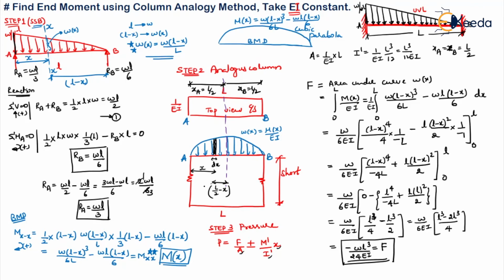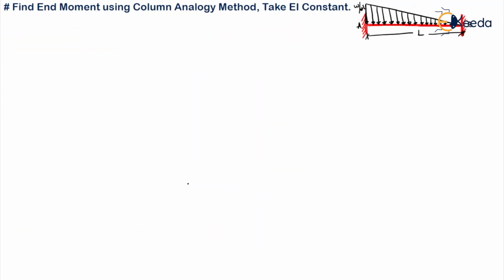Okay. So what will happen to your M dash formula? M dash will be force into the lever arm. So your M dash will be integration 0 to L of Mx by EI diagram into your lever arm. What is lever arm? L by 2 minus x will be your lever arm into dx, right? So what will this be? 0 to L. What is your Mx? So 1 by EI.